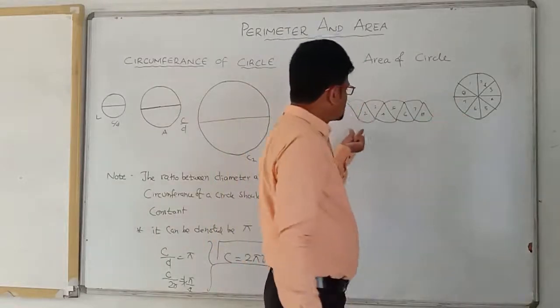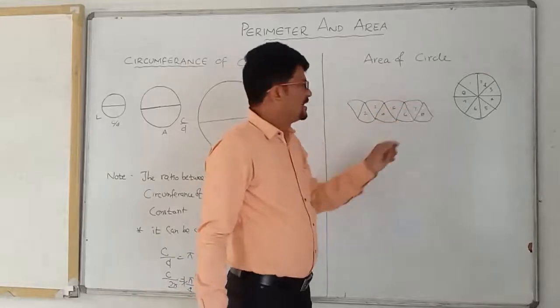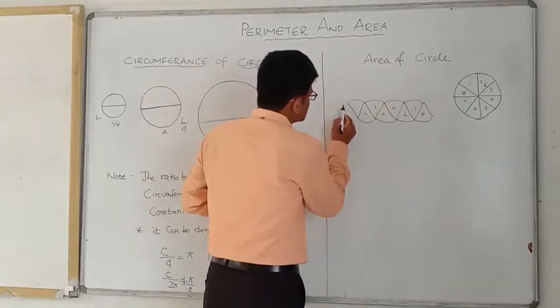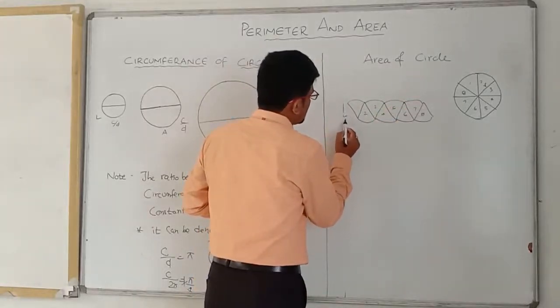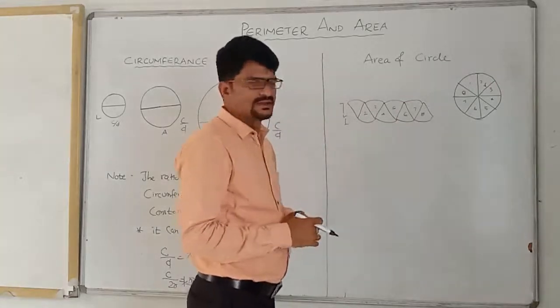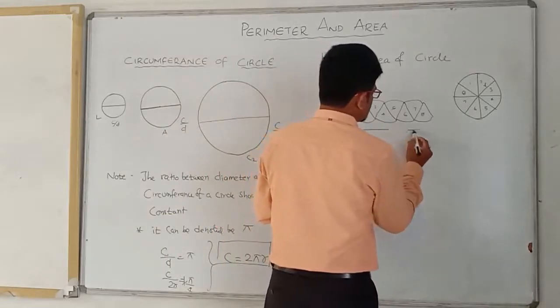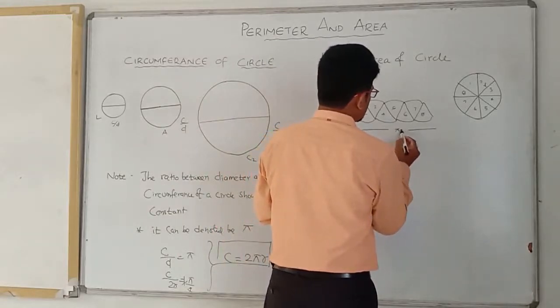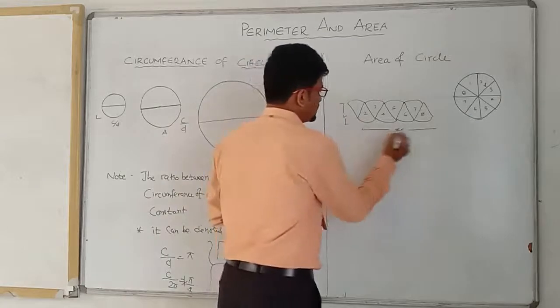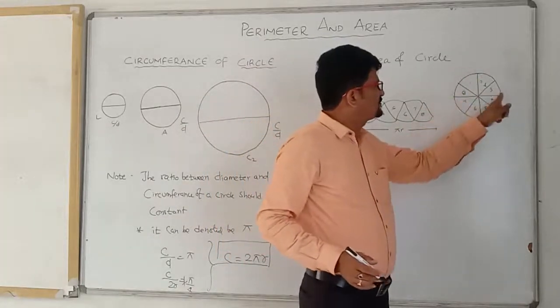See, half of the circle comes under the base and half of the circle comes on top. And here, what is this? R. This is the radius only, no? Now actually, this is how much? Pi r only, no? Because the total is 2 pi r, the half length of the circle is pi r.